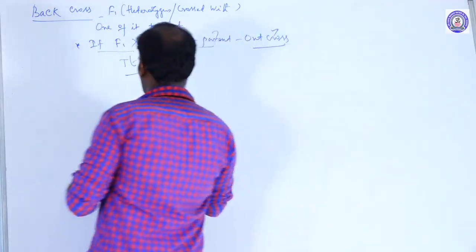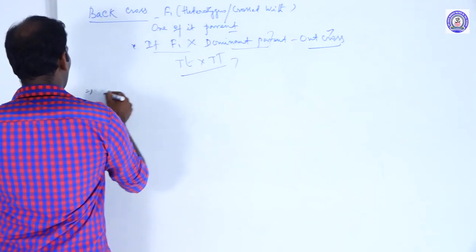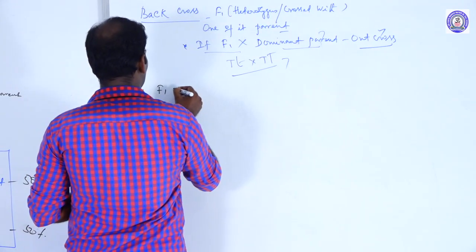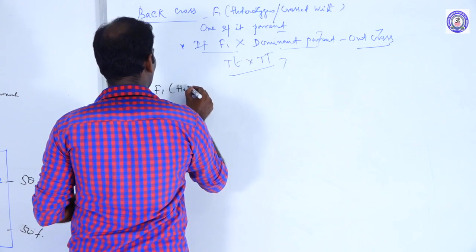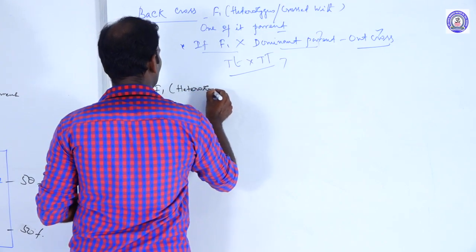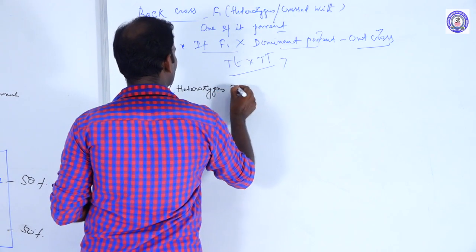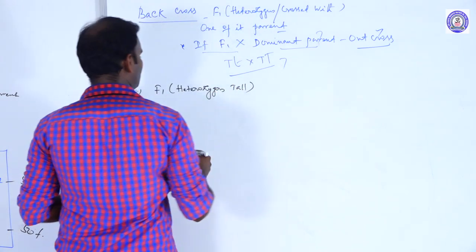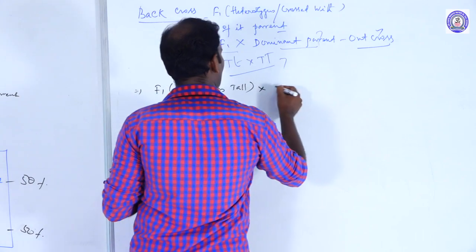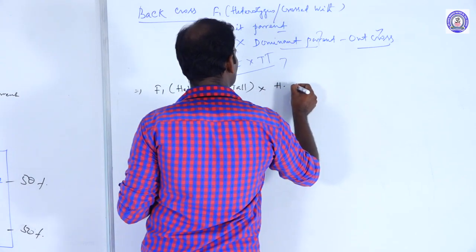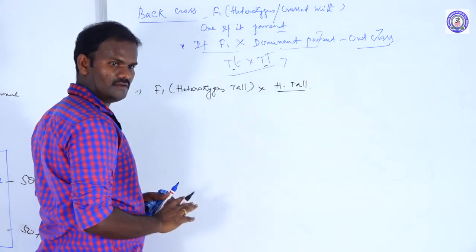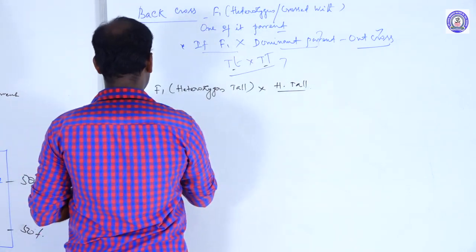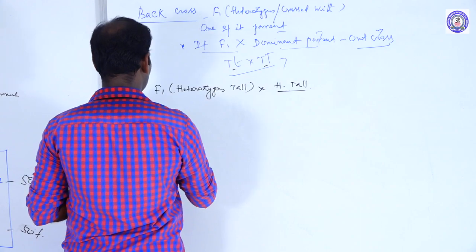Let's take an example. In the monohybrid cross, F1 heterozygous tall is crossed with homozygous tall. These are the parental generation.